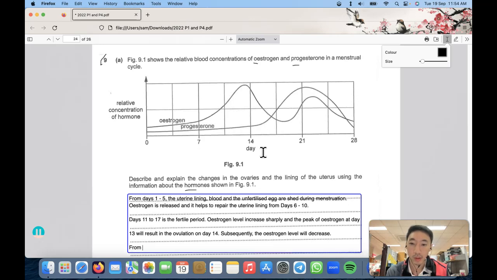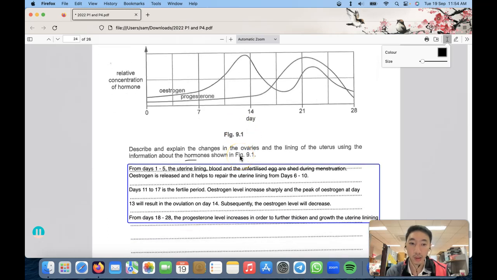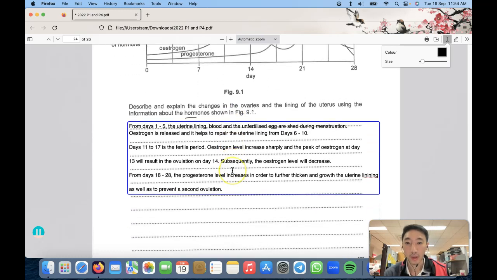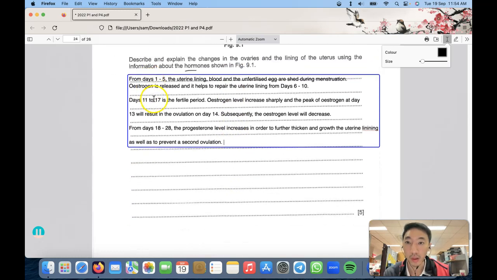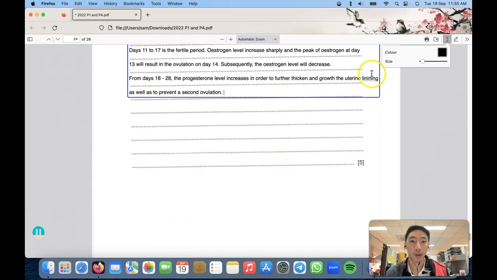From days 18 to 28, the progesterone level increases in order to further thicken and grow the uterine lining, as well as to prevent a second ovulation. So 1, 2, 3, 4, 5.